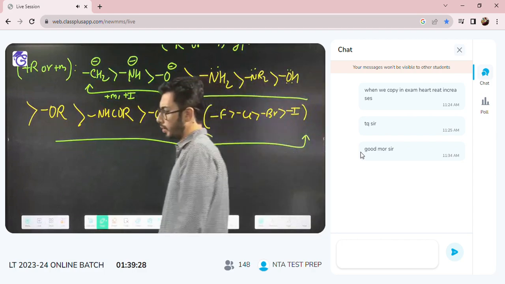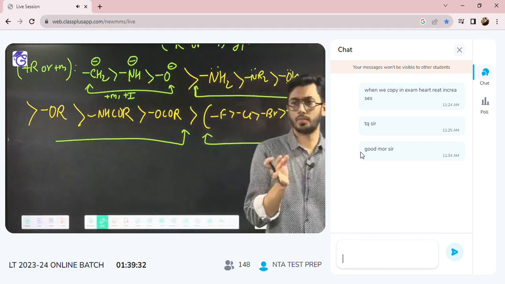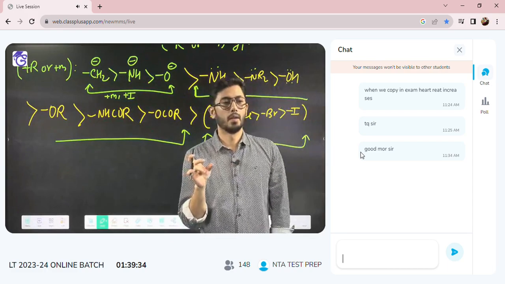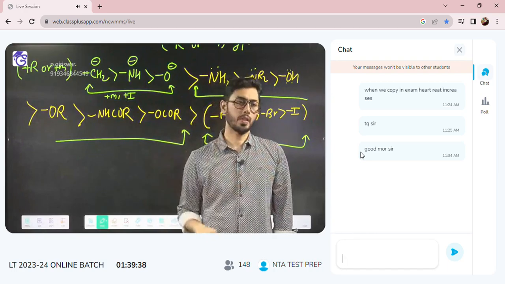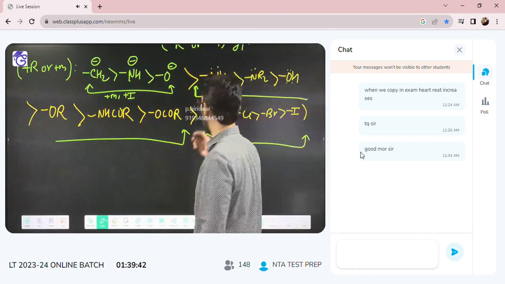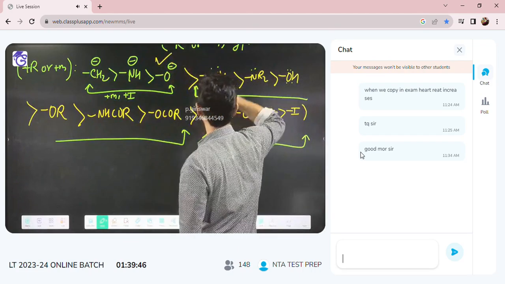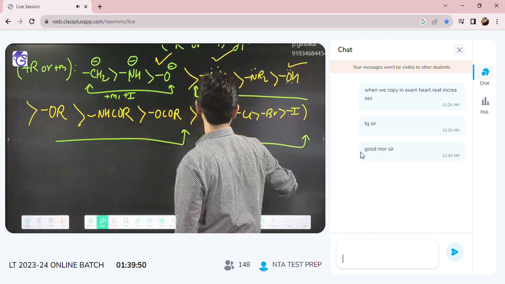No need to require any principle, avoid any reasoning part, because reasoning works for few examples. Then you will be messed up with the orders. So the best way is whichever is frequently used, that you will remember. And in the questions directly apply, like O minus, NH2, alcohol, OH group, halogens, frequently used.